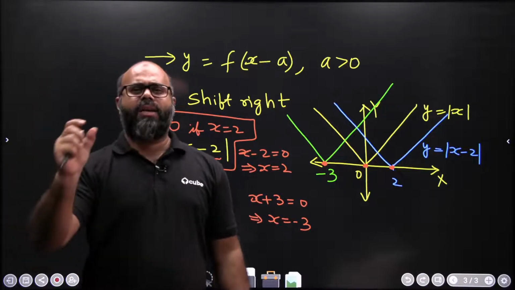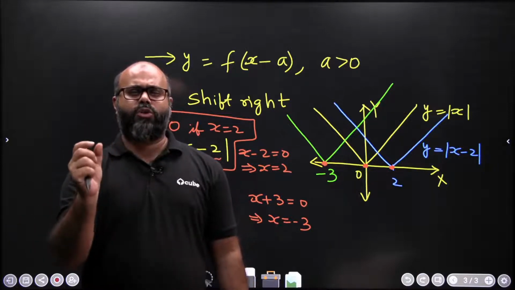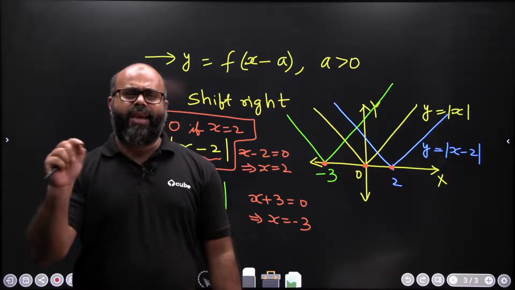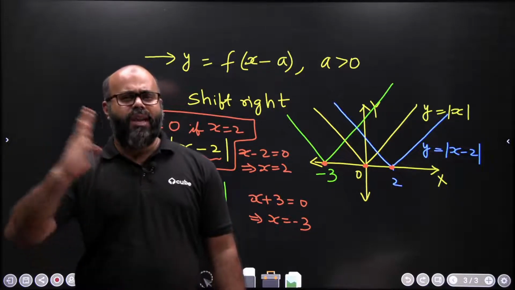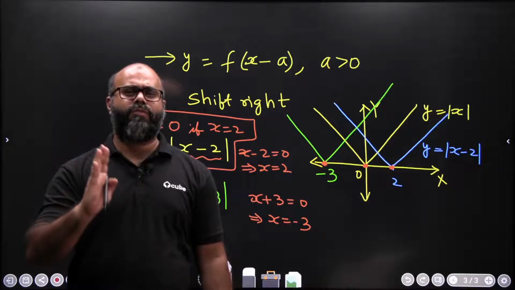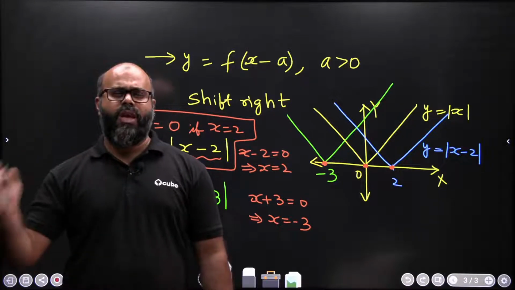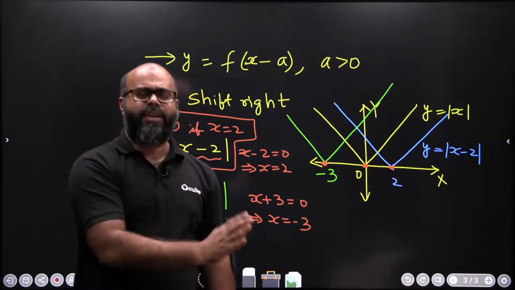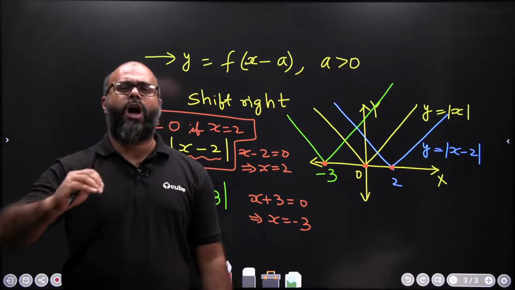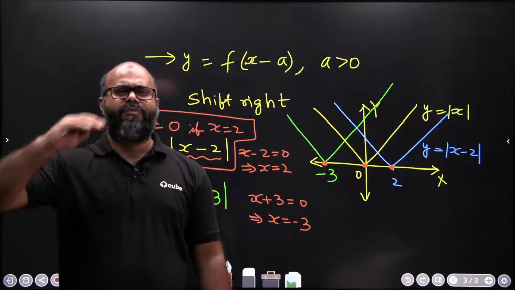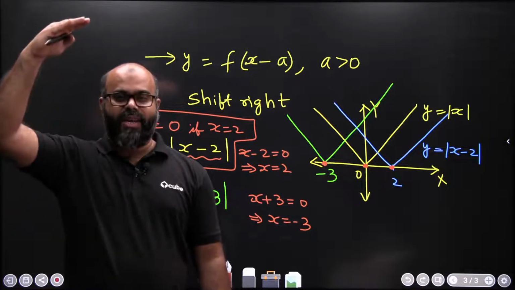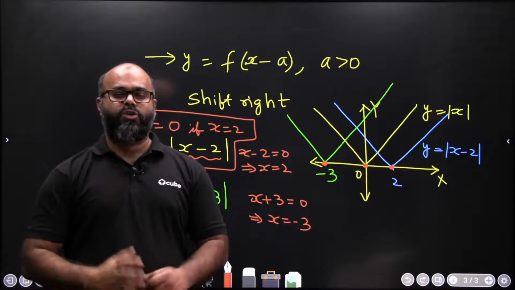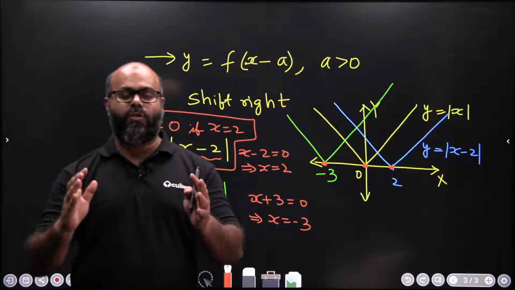If you add something positive, a, to the input, it will shift to the left. If you subtract something positive from the input, it will shift right. And if you add something positive to the output, that is f of x plus a, then it will shift vertically upward. If you do f of x minus a, it will shift vertically downward. So this is what you have to remember regarding transformation of graphs.